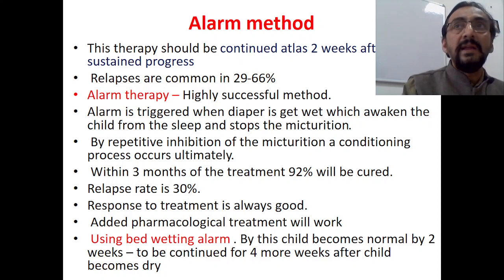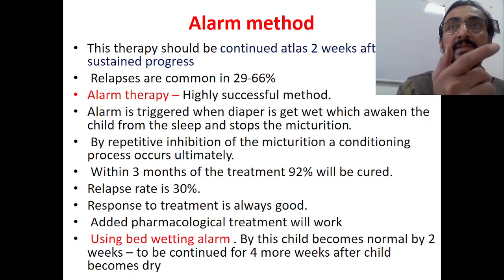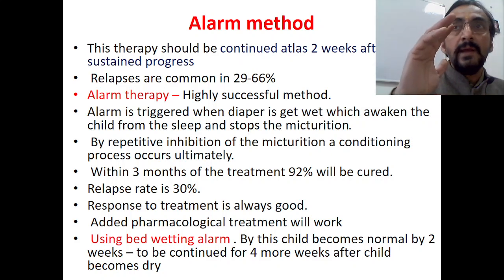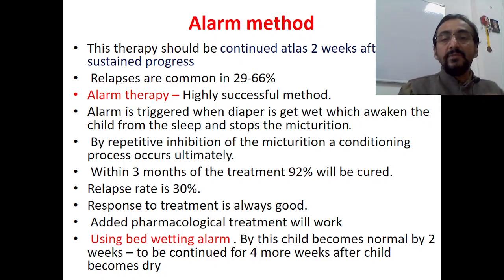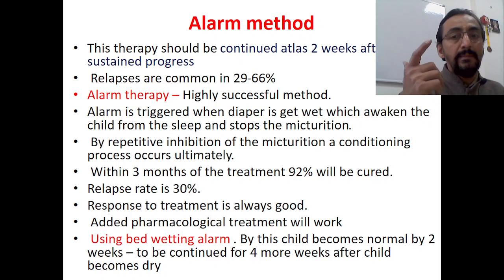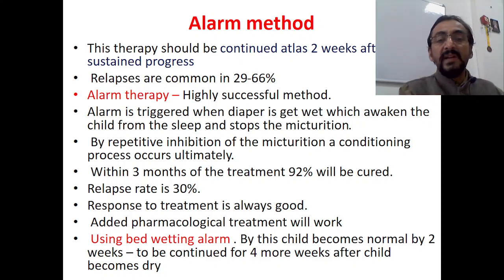What happens is daily the baby passes a few drops of urine, immediately the alarm starts and the baby gets up. But the next day that will decrease. Within a few days, naturally a programming will be there, so that as soon as bladder filling starts and sensations arise, the child gets up. The relapse rate is again 30% in this method.